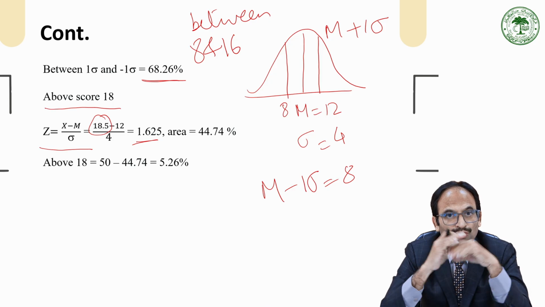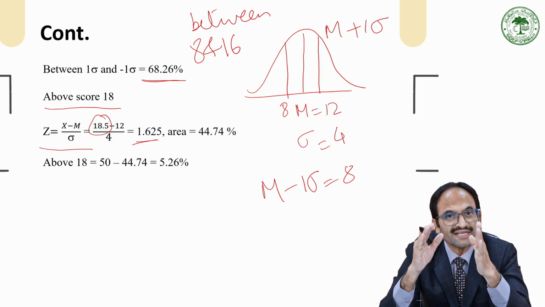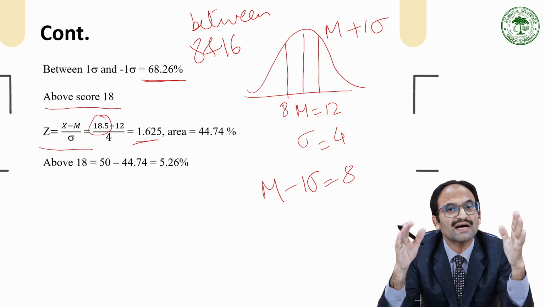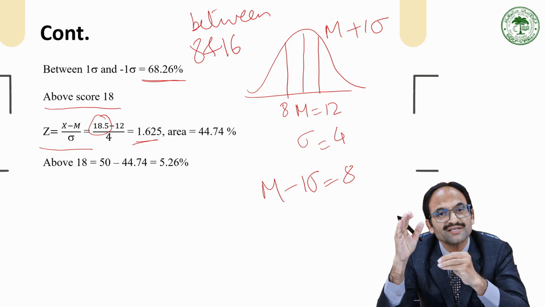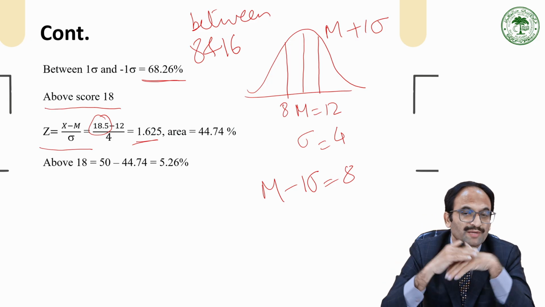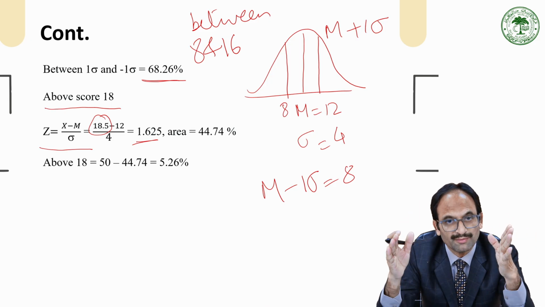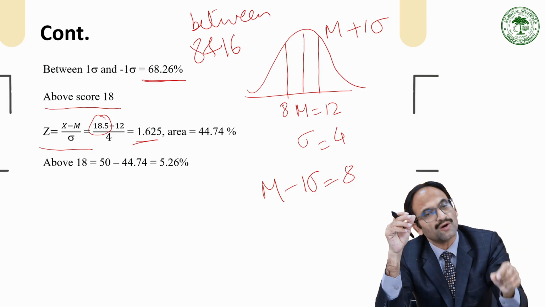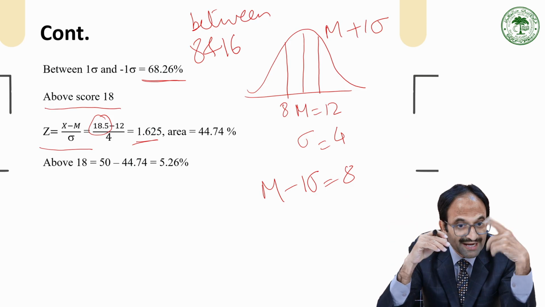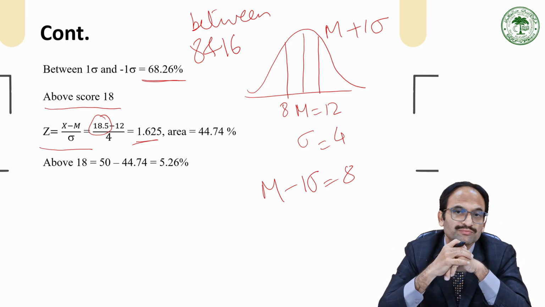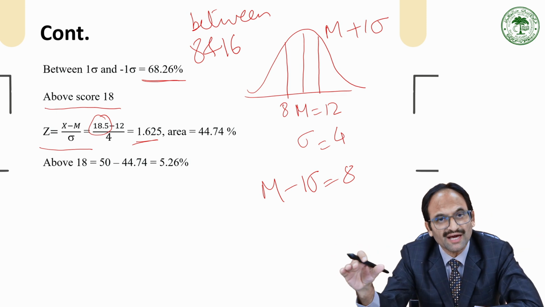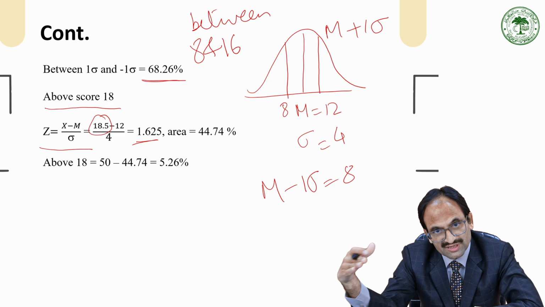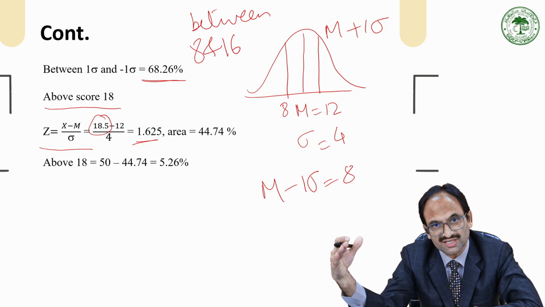Now, see what the corresponding area in that table is according to 1.62. Let me repeat. Open the table, see the first column, locate 1.62 and see the corresponding area before that point.